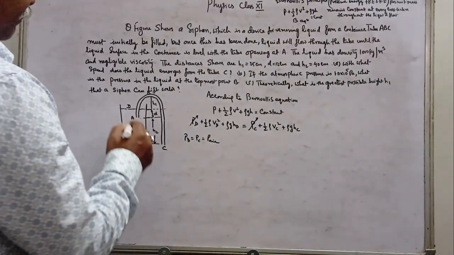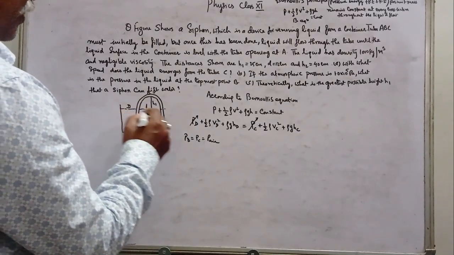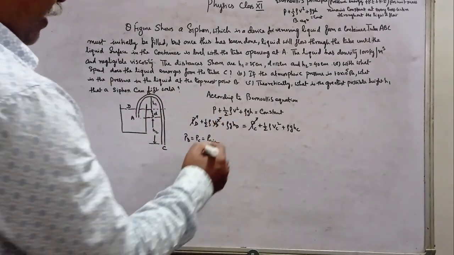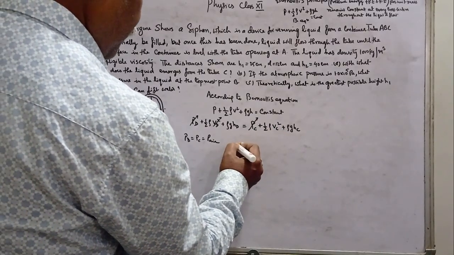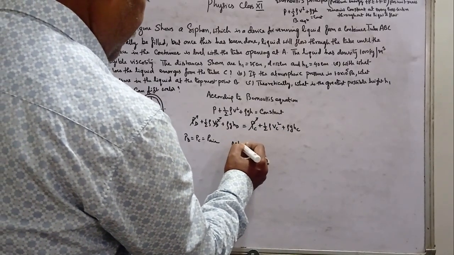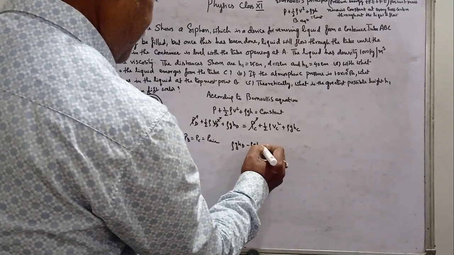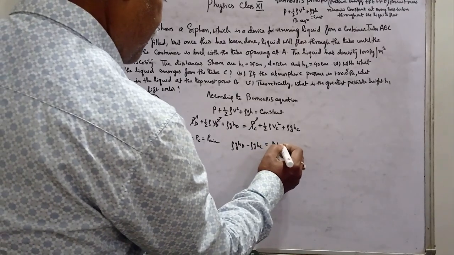Now the velocity at D is 0 because the surface is still, so this term is also 0. So you are left with rho g hD minus rho g hC is equal to half rho Vc square.